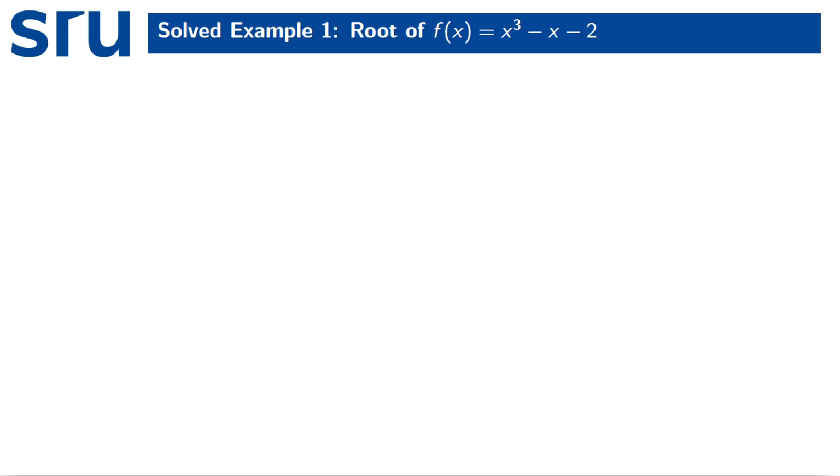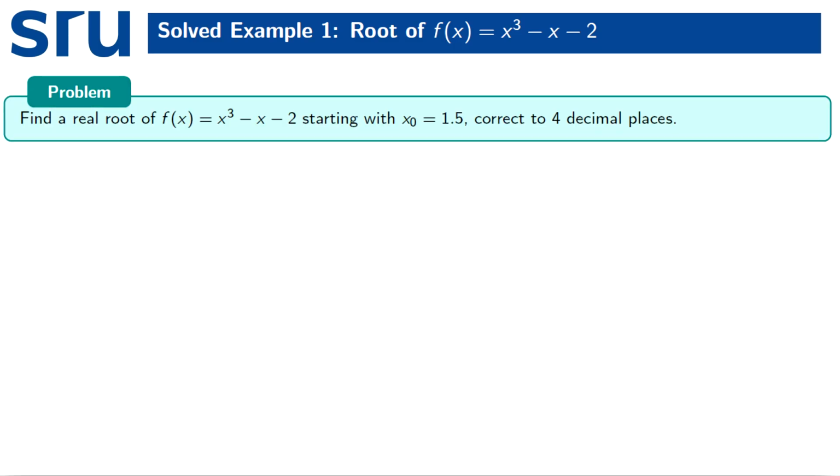Now let us move to the most important part of this lecture, the solved example, because this is where you will actually understand how to apply the method step by step. We are given the function x³ − x − 2, and we are asked to find a root starting with x_0 = 1.5.